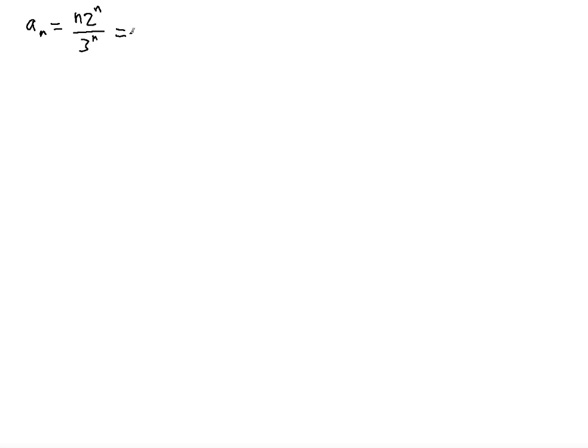Notice that we can express it as n multiplied by (2/3) to the power of n, because both 2 and 3, the bases, are raised to the same power, n. And for convenience we can also write it as n divided by (3/2) to the nth power.